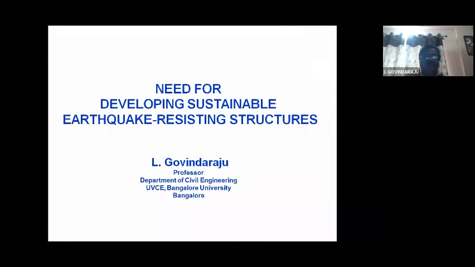And another building which could not resist the earthquake forces might have suffered tremendous damage. There could be n number of reasons, and it is a complex problem. Ultimately, the solution is also a complex one.